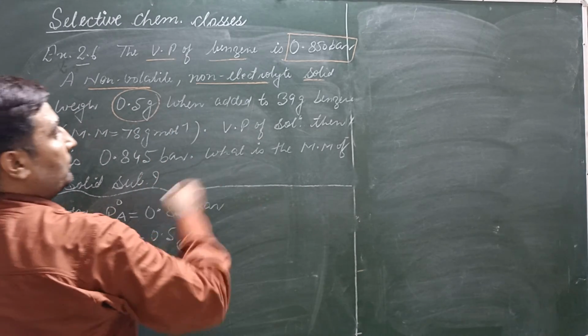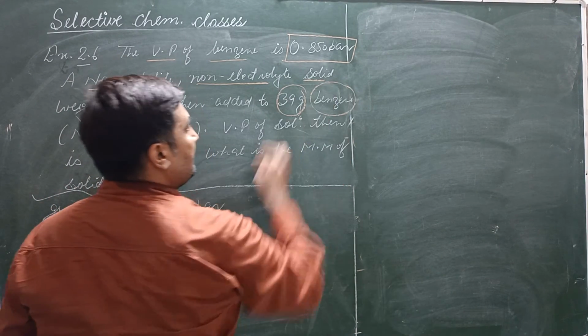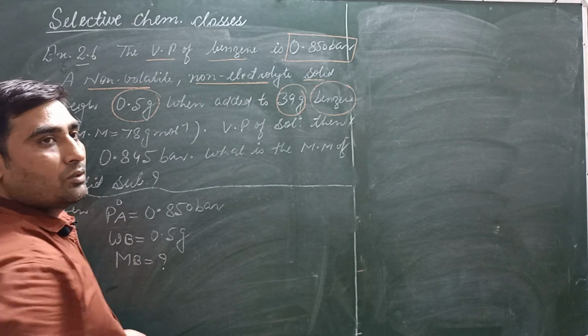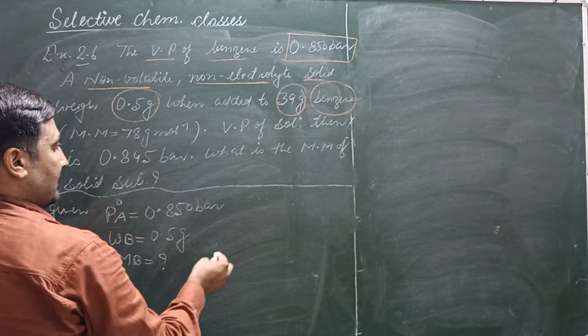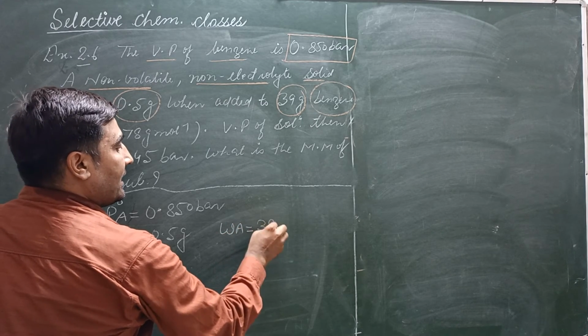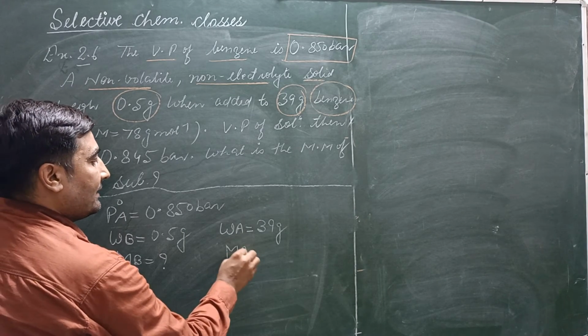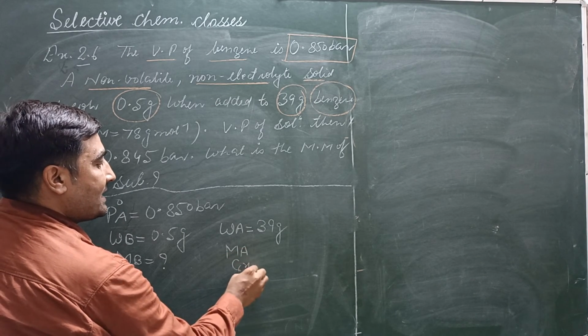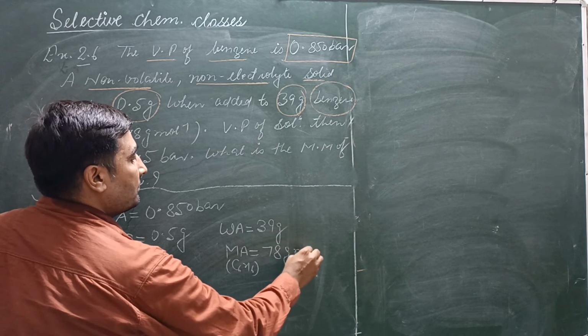It is added to 39 gram of benzene. This is the mass of the solvent, and this is the solvent. It means WA is given as 39 gram, and the molar mass of A, that is benzene C6H6, is given as 78 gram per mole.